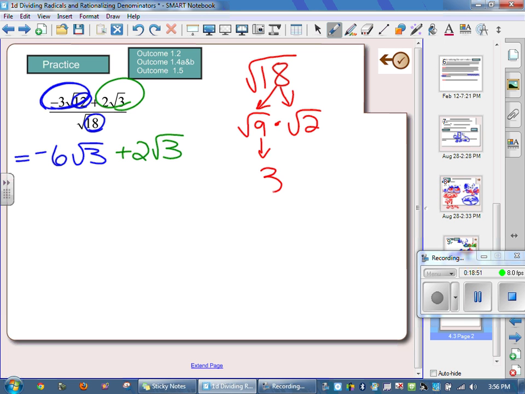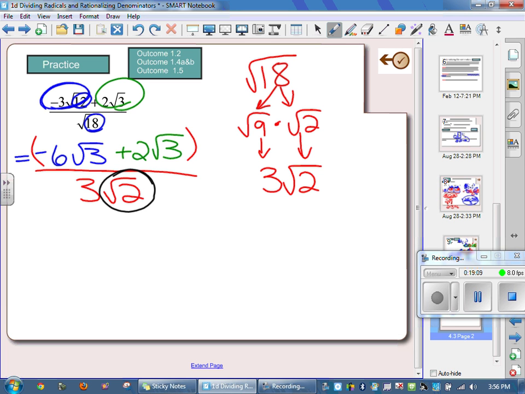So my bottom then becomes 3 root 2. Now what do I multiply my top and bottom both by? I multiply by the actual radicand. So I'm going to multiply by root 2 to the top and to the bottom. That's going to help me rationalize my denominator.